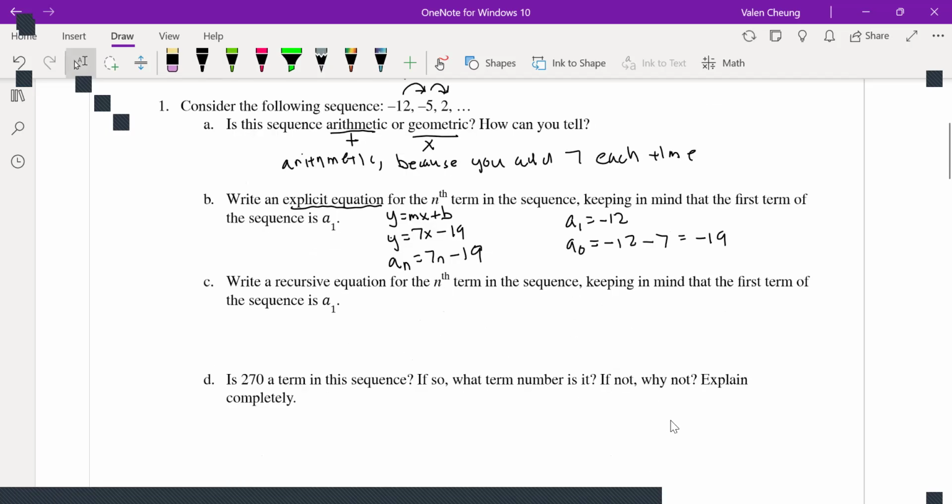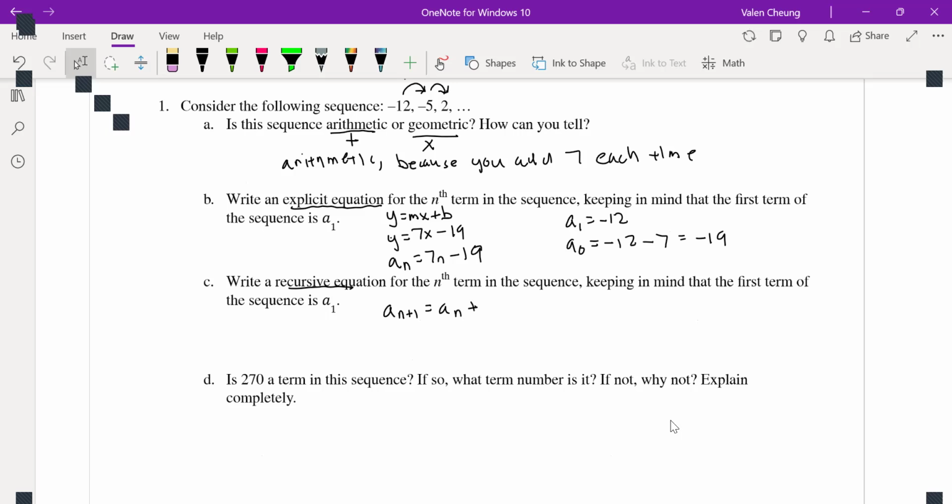Next, the recursive equation starts with the rule a sub n plus 1 equals a sub n, and then you want to add the common difference. The rule is just telling you what you're adding or subtracting each time. Actually, let me just erase this because we already established that our common difference was adding 7 each time.